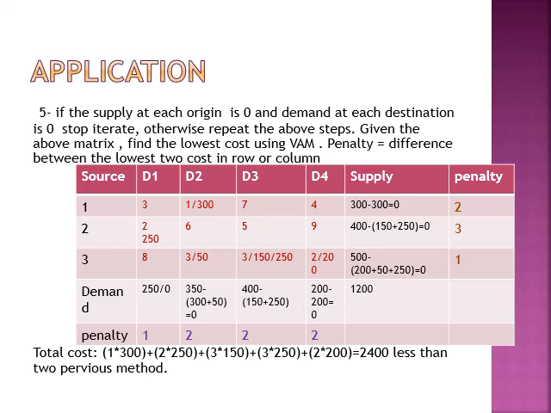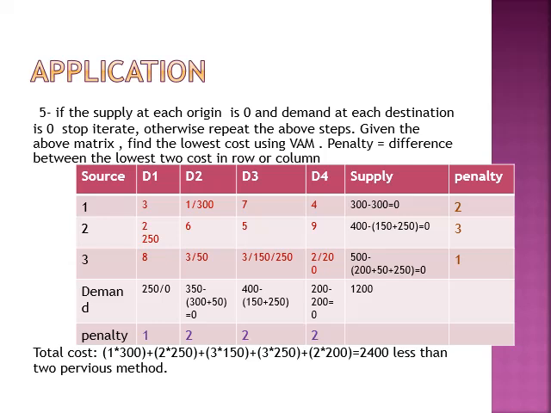For D3, the difference between the two least costs is 5 minus 3, which is 2. D4 is 4 minus 2, which is 2. Now step 1: find the difference between the two least costs in each column and in each row.